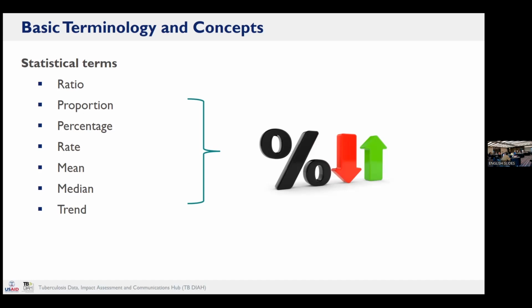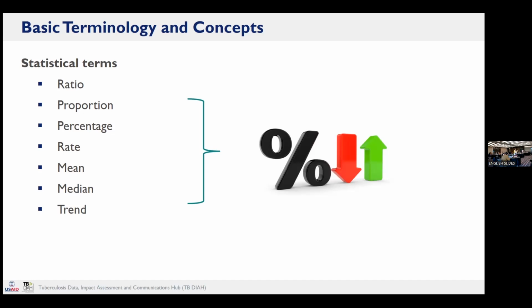Which of the TB indicators is reported in terms of ratio? So first you define ratio, what the ratio is, the formula for ratio. Second, bring an example from TB that is measured in terms of ratio. So we give you 5 minutes to do that.